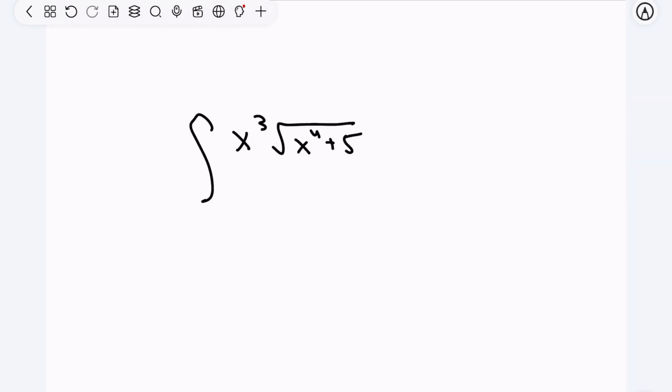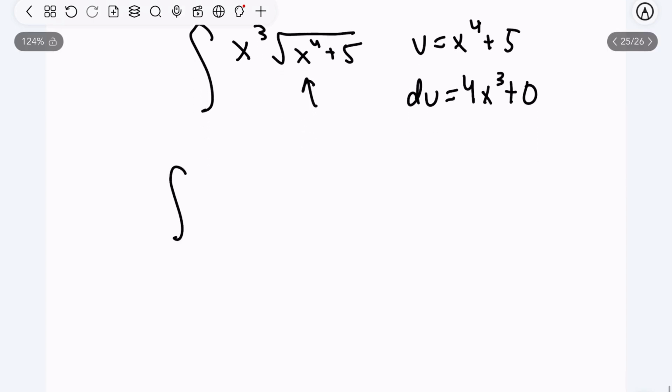Okay, so now for this problem, it's going to be a little bit trickier, but we should be able to do it. Like always, pick the one with the biggest value, which is this x to the 4. So for u-substitution, that's going to be x to the 4 plus 5. The derivative of u is going to be 4x cubed plus 0.